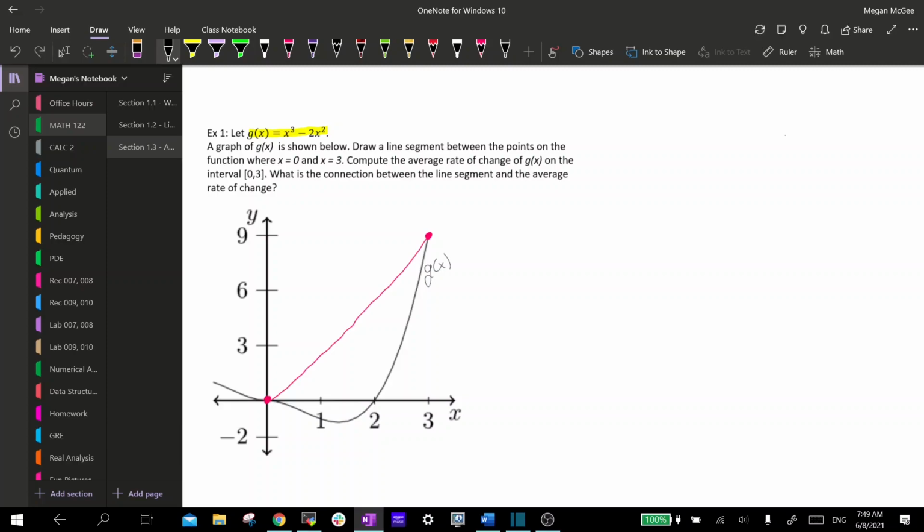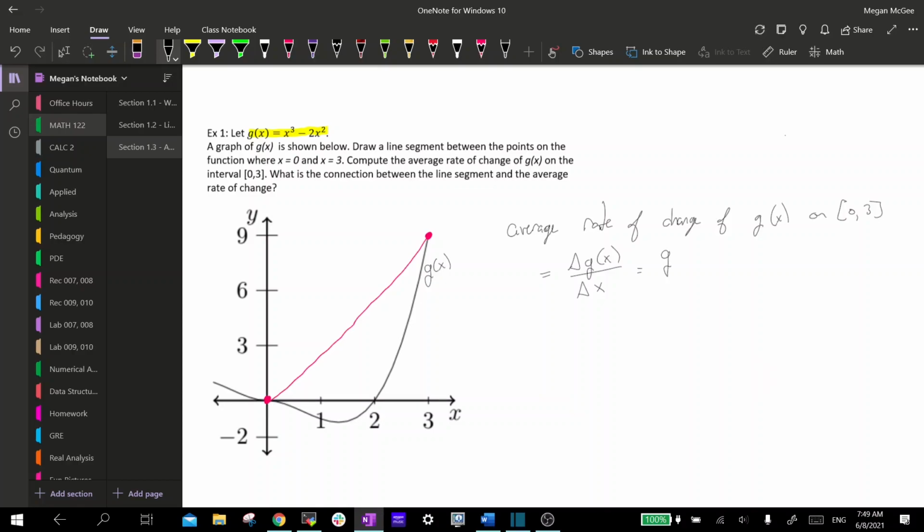Alright, we are asked to compute the average rate of change of g of x on this interval, 0 to 3. Well, that's going to be our change in g of x over our change in x.